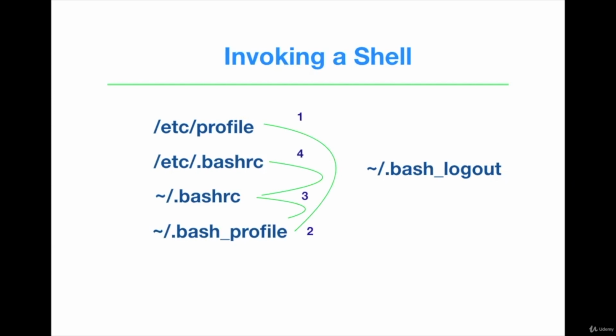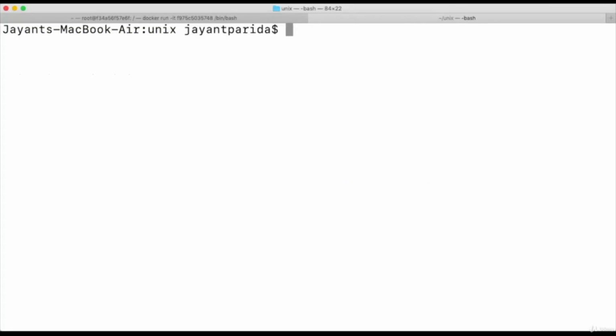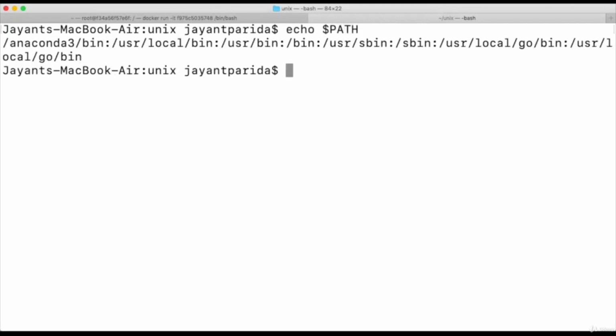In the next clip, we'll see what a path and a variable are. Paths. When you type any command on the Unix command prompt, the shell has to locate the command before it can be executed. The PATH variable specifies the location in which the shell should look for commands. To see what your path is, type echo $PATH.